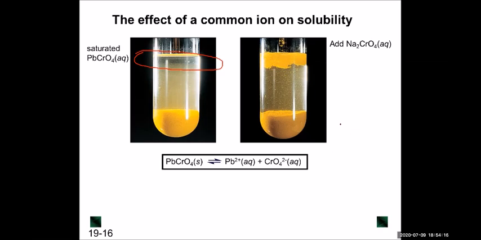Another way to look at this: lead-2 and chromate are both precipitating agents. If you keep increasing the amount of precipitating agent, it will facilitate precipitation.